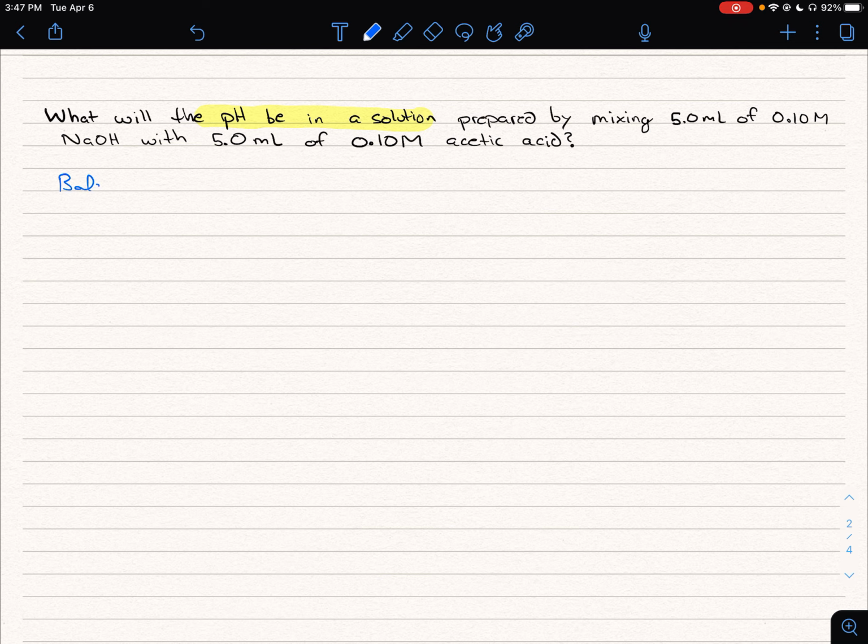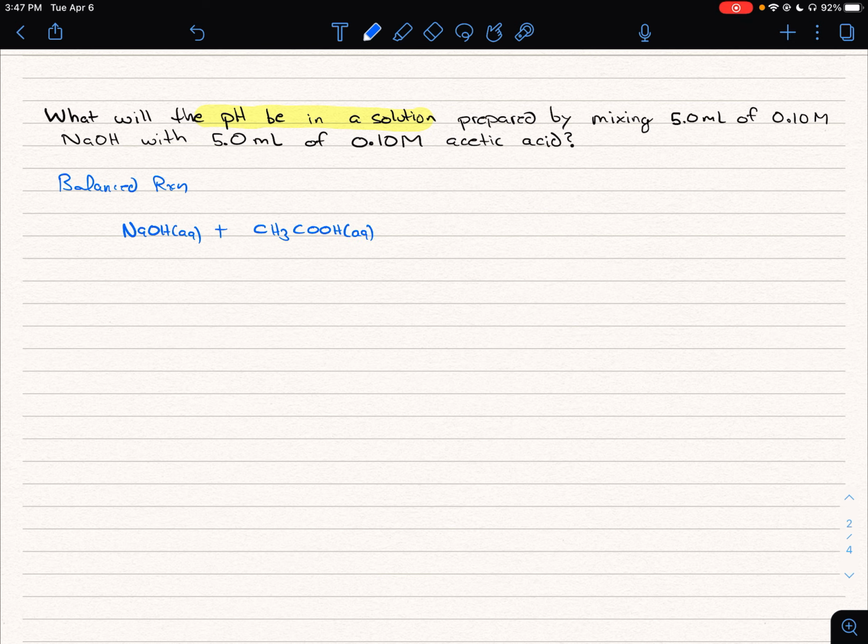So we're going to write our balanced reaction for this process. And so we're mixing sodium hydroxide, so we're going to say NaOH aqueous with acetic acid, CH3COOH aqueous.